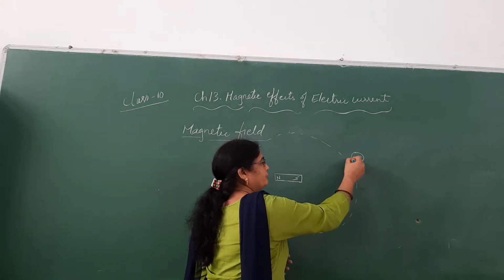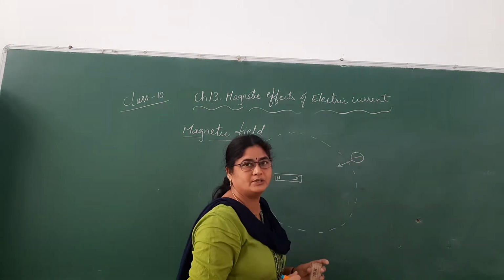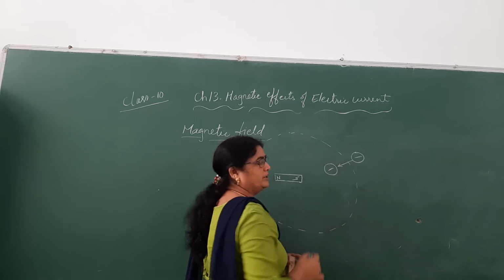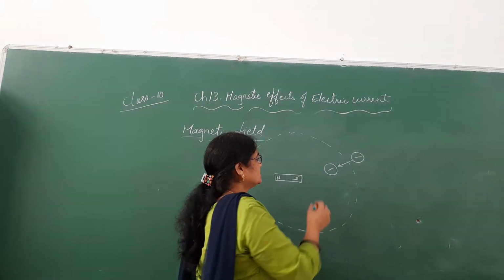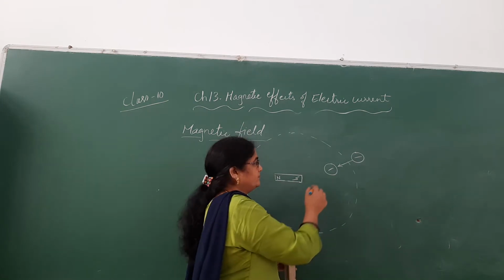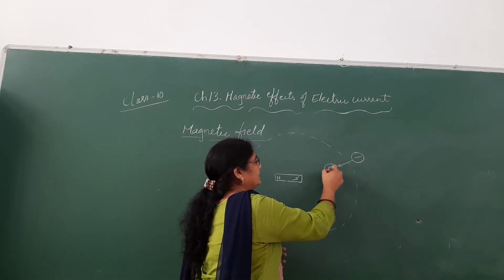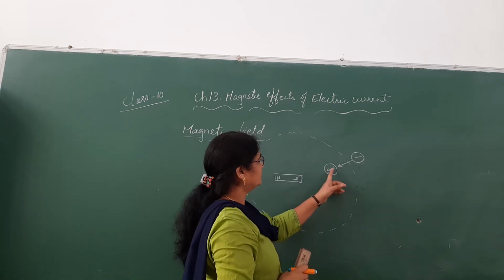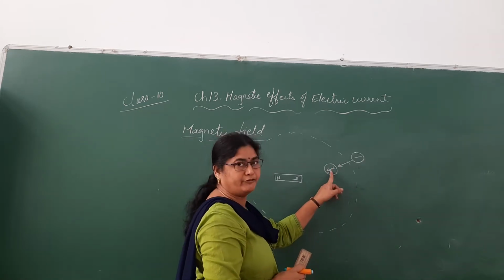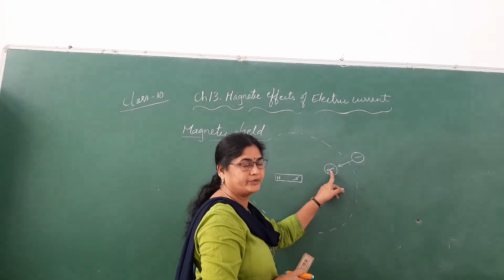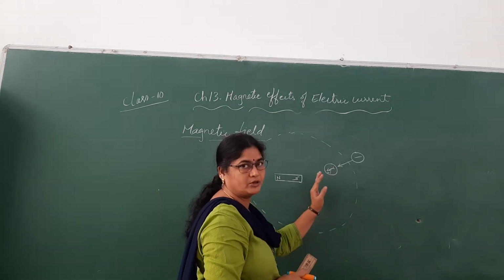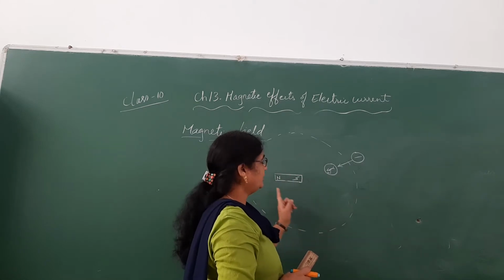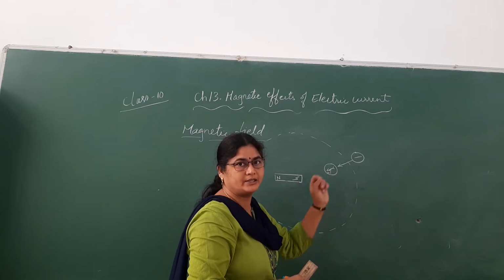Let us bring it further close to this bar magnet. Let us suppose I brought that needle up to here. Since the south pole is here, the north pole of the needle gets attracted towards this north pole. So here, if you see any deflection in the needle after coming close to this point, then we can say that the field of this bar magnet is present at that point.